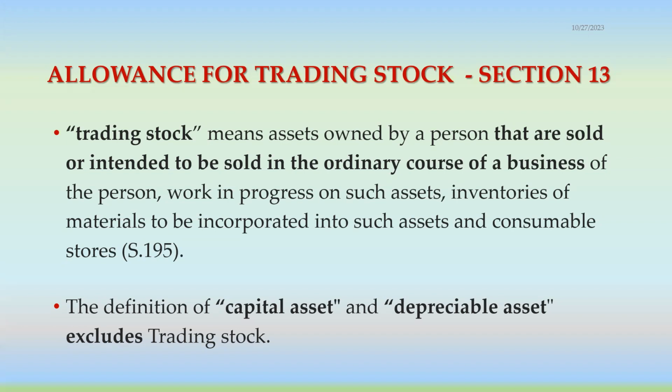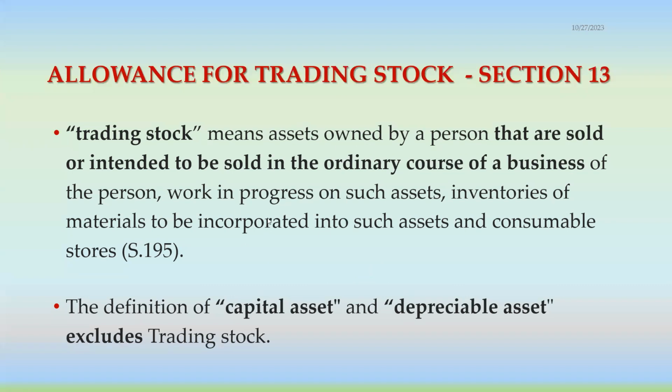So, what does this mean? Allowance for trading stock. Why do we have this kind of allowance? Yes, the answer is correct. Okay. Then, why do we have to grant an allowance for trading stock? What is the purpose of giving this kind of deduction?